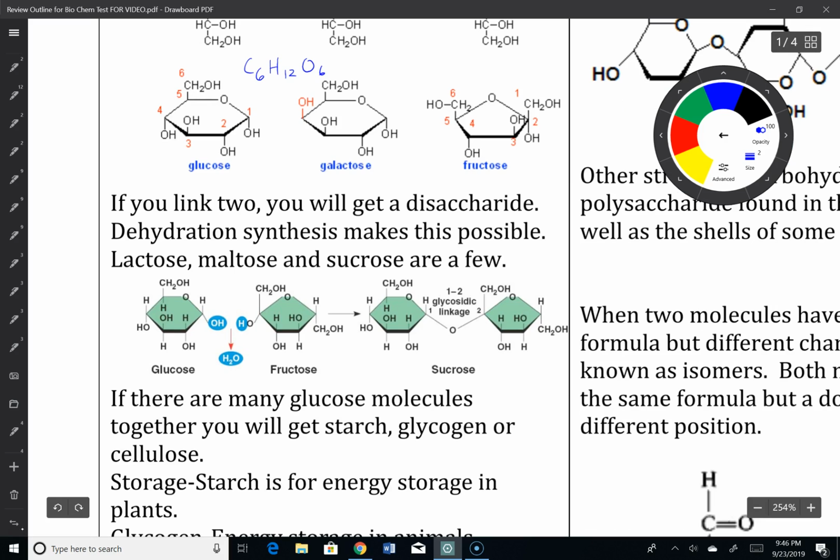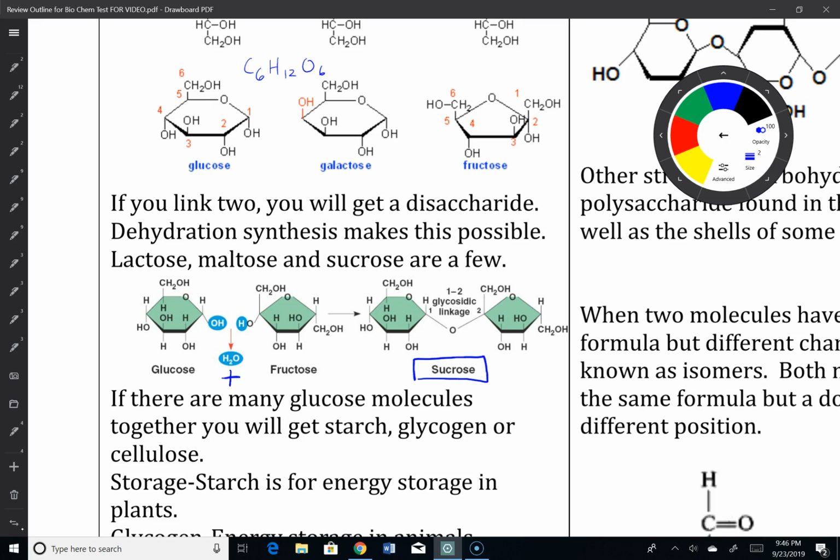If you move down and take a look at how you go from a monosaccharide or a monomer to a polysaccharide or a polymer, in this case we have glucose and fructose coming together to make sucrose, your common sugar you may have in your kitchen.